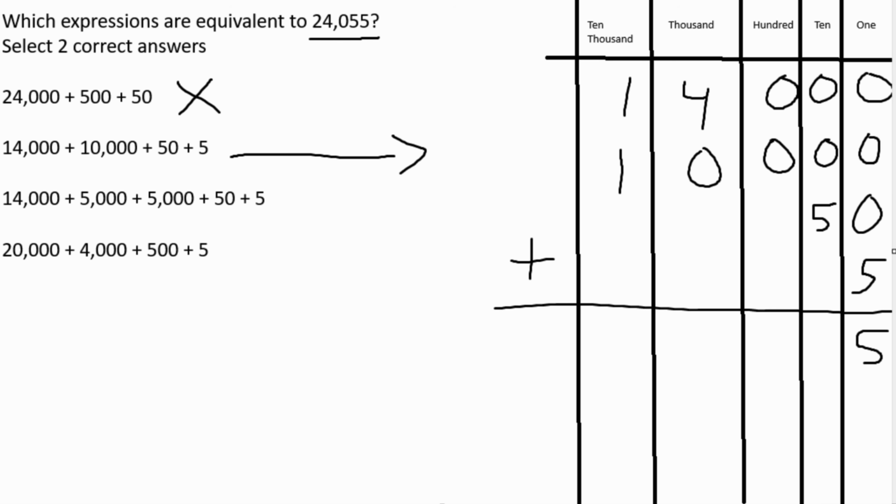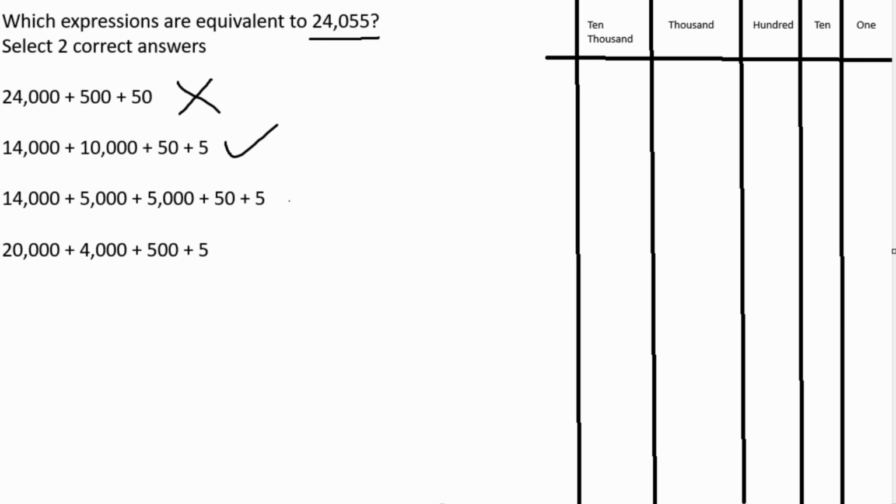We have a 5, 5, 0, we have a 4, then we have a 2. So here we get 24,055. This is the same number in our question stem, so this answer is correct. All right, let's move on to our next answer choice. First, we have 14,000. Let's write that down.